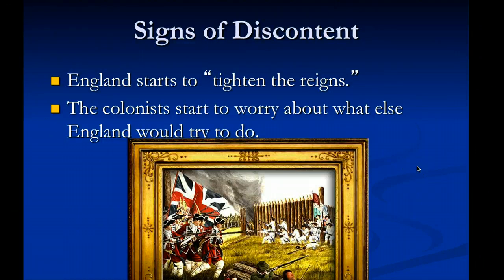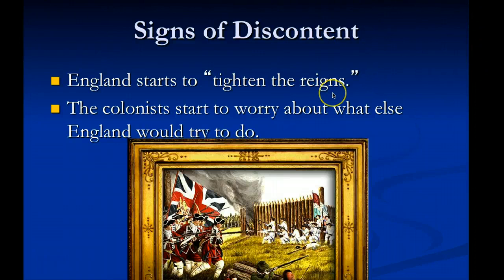Now, gradually, the colonists start to be discontent, because they're fed up with the royal governors abusing their power. They are noticing that England is starting to tighten its reins on them, where in the past they had the right to have a legislature. They had the right to vote for the people that made their laws, instead of just being subject to whatever laws the king wanted them to follow.